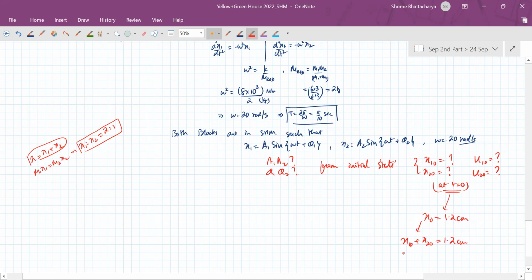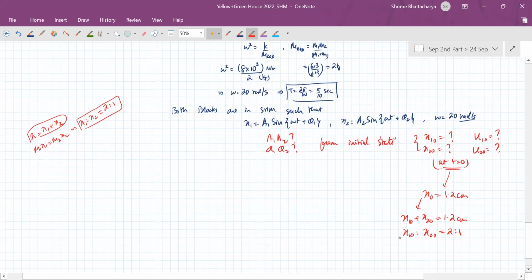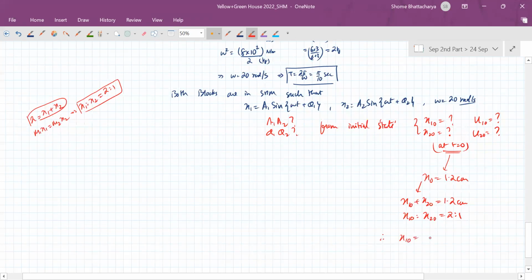And x1's initial value's ratio with x2's initial value is 2 is to 1. Therefore, x1's initial value is 2/3 of x naught, or 2/3 of 1.2 centimeters, or 0.8 centimeters, and x2's initial value is 1/3 of this, so 1/3 of 1.2 or 0.4 centimeters. So that is the thing.